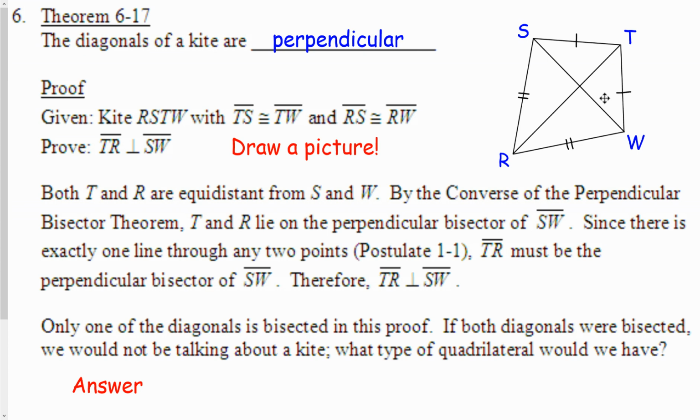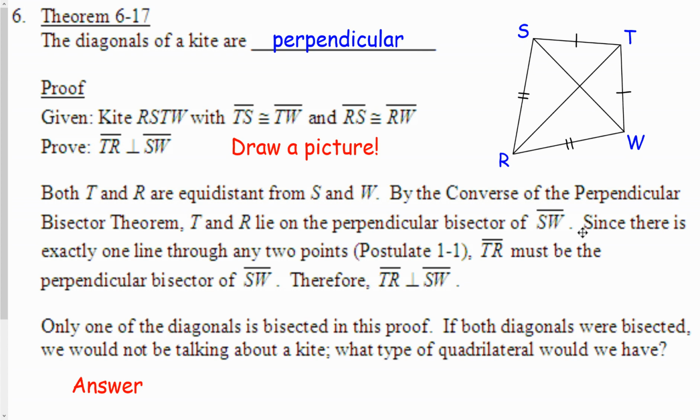So now this theorem, or this proof, says that both points T and R are equidistant from S and W. That comes from the congruent sides that we were given at the beginning of the proof. So then using the converse of the perpendicular bisector theorem, which we talked about last chapter, we can say that points T and R are both on the perpendicular bisector of segment SW.